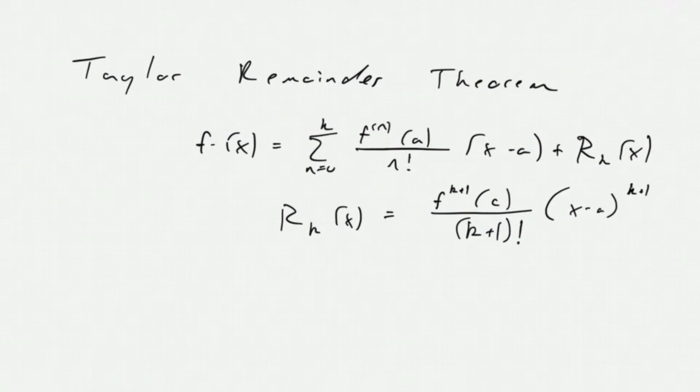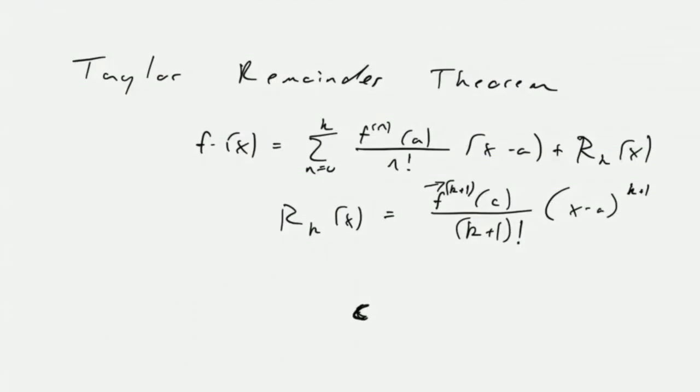So what do we have here? We have the k plus 1 derivative. So if we take a Taylor polynomial up to degree k, our error is going to be determined by the next derivative. So we take the k plus 1th derivative, and then this c is going to be some value in our interval.